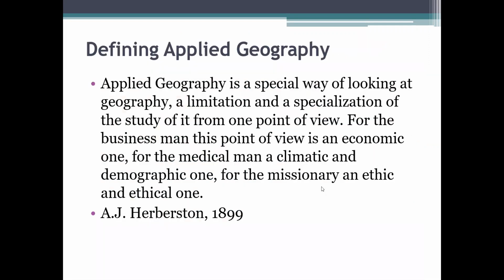A.J. Herbertson in 1899 explained that applied geography is a special way of looking at geography. It is a limitation and a specialization of the study of it from one point of view.